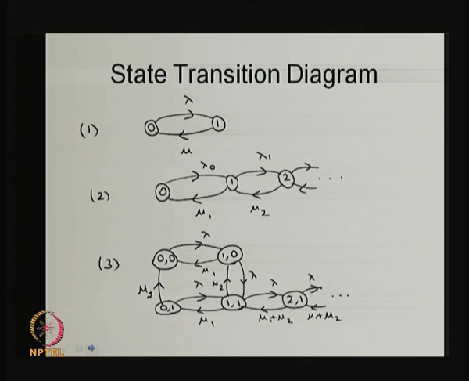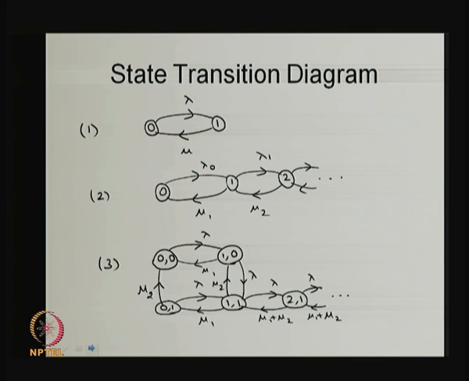Lambda is strictly greater than 0 and mu is also strictly greater than 0. You know that the exponential distribution has mean 1 divided by the parameter. Therefore, the average time spent in the state 0 before moving into the state 1 is 1 divided by lambda. The average time spent in the state 1 before moving into the state 0 is 1 divided by mu.